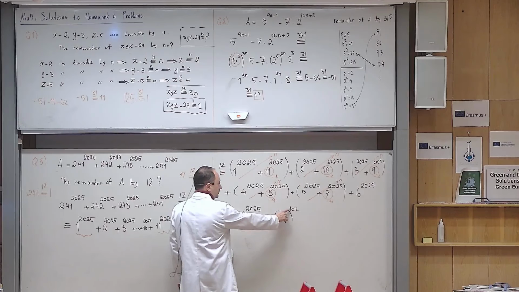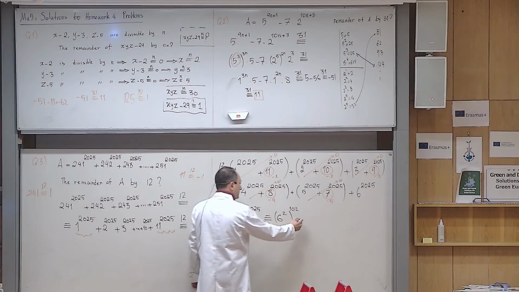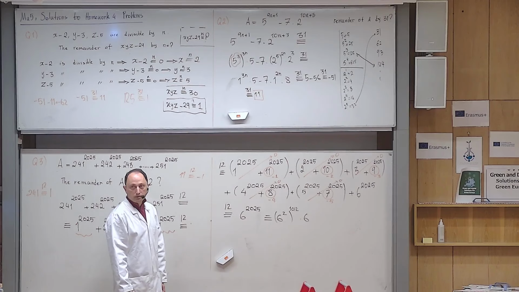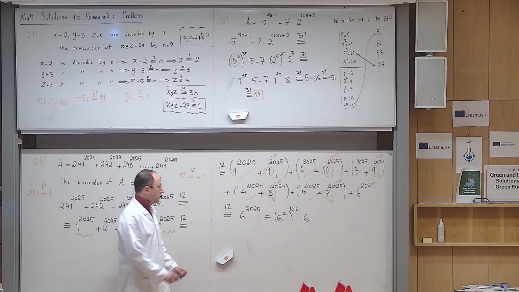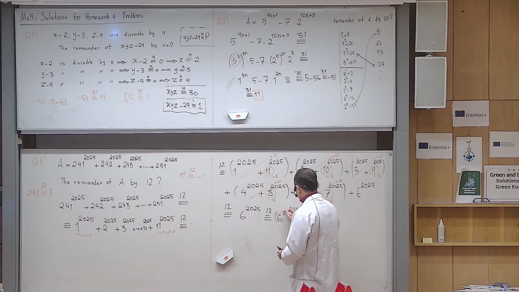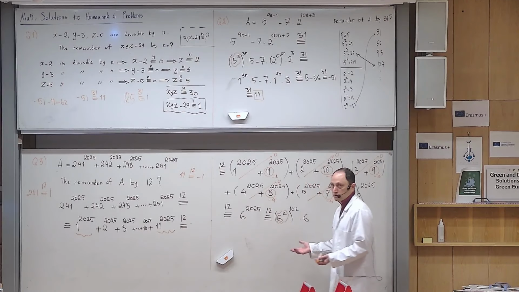So far I have 2024, but I have 2025, so I have to multiply by an extra 6. Yes? But why is it beneficial? Because if I ask you what is a very good name for 6 to power 2 when it comes to modulo 12, what is the answer?